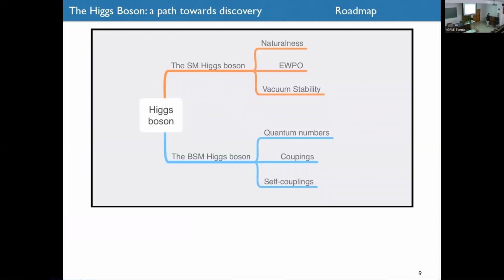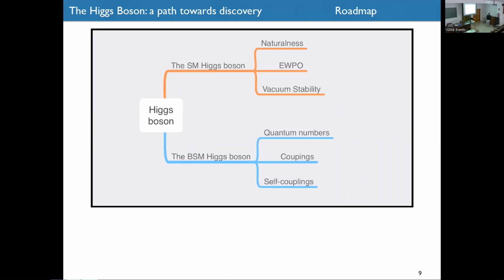To help guide you through this talk, I prepared this little roadmap. So we have the Higgs boson at CERN, and what we want to know is if this object is a BSM object or the standard model Higgs boson. And we can go in two ways doing this.